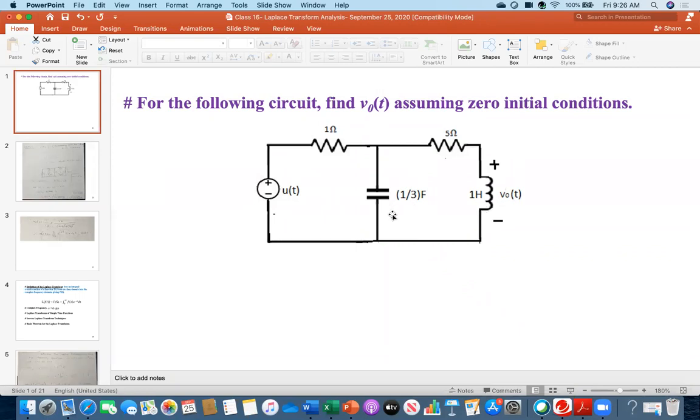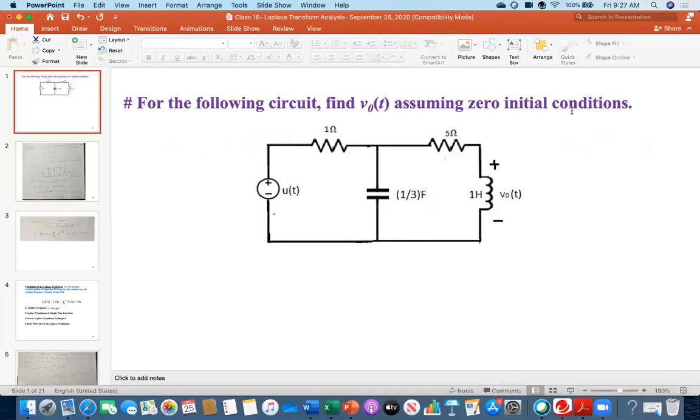When I have a capacitor, what will be its Laplace equivalent? If it is an inductor, what is its Laplace form? If this is a resistance, what is its Laplace form? Now I will show you those things. In the problem it says assuming zero initial condition, so there is no initial value of current or voltage given.